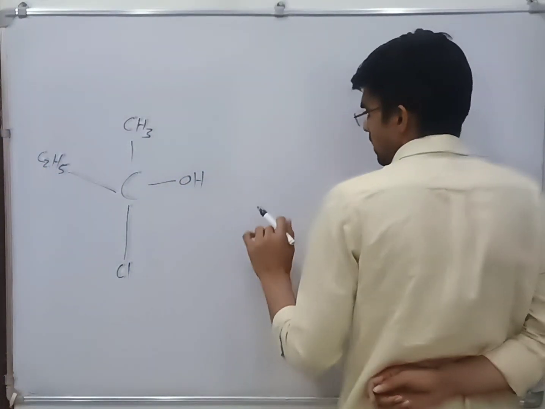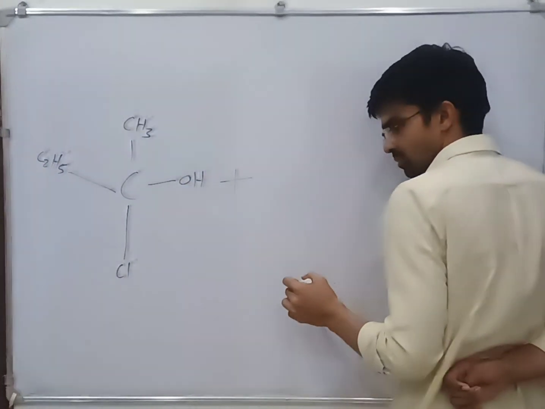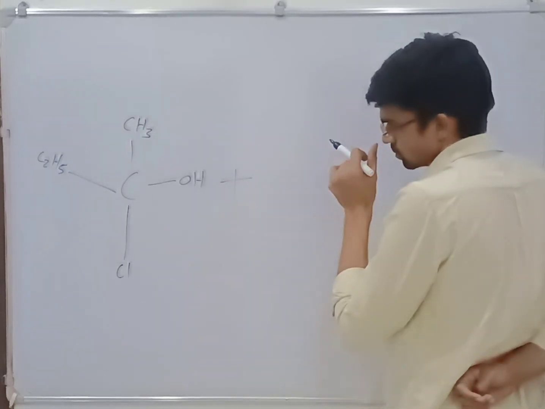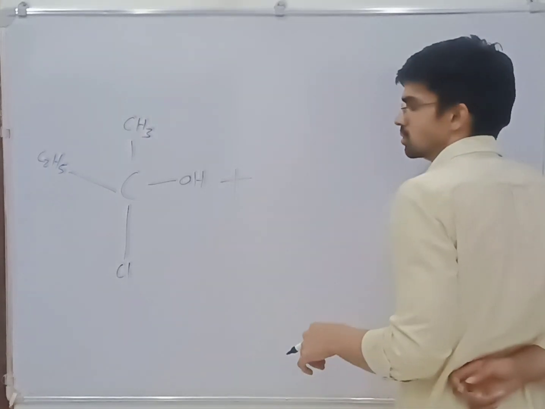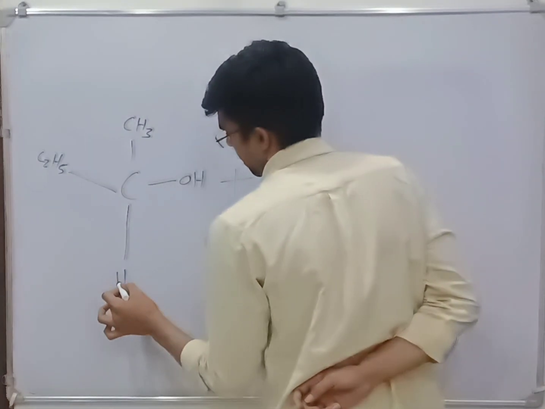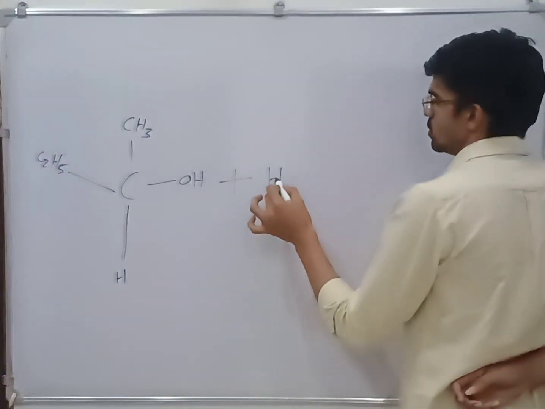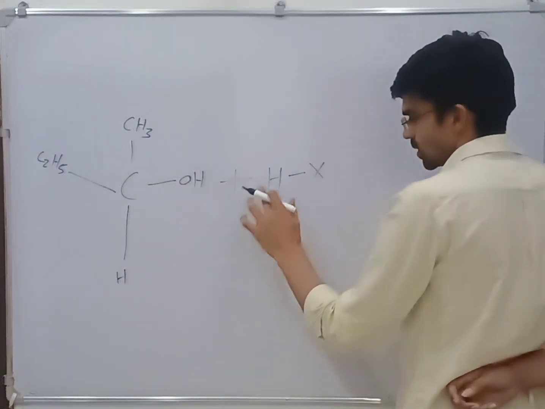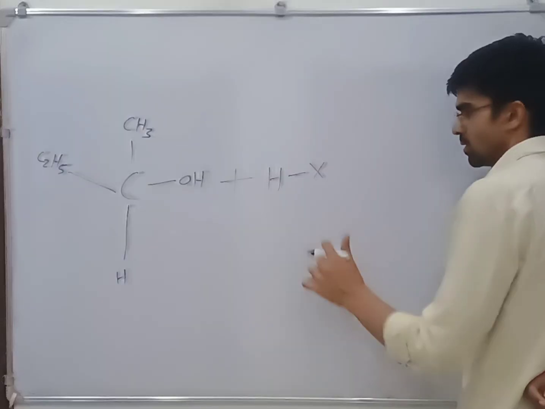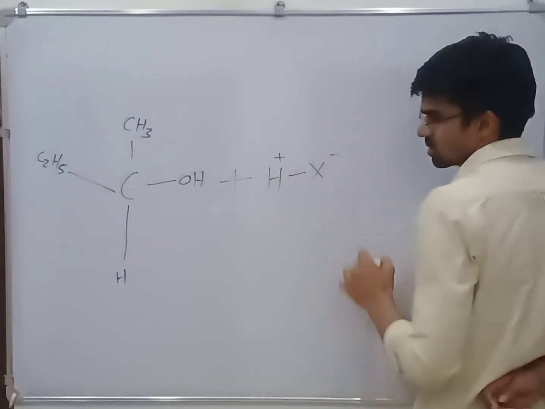Now if this chiral carbon is attacked by a halogen acid, a halogen halide, now what will happen? This H plus X minus.